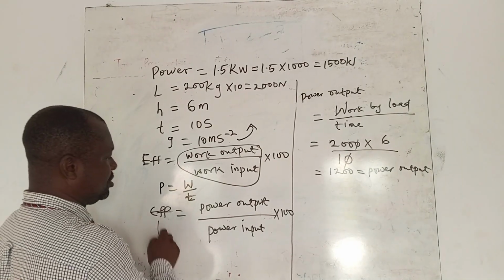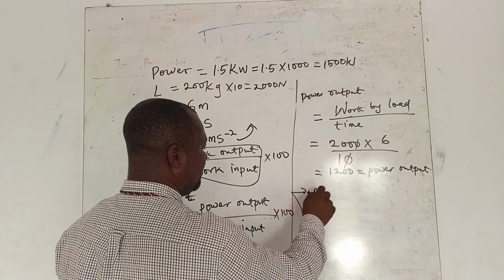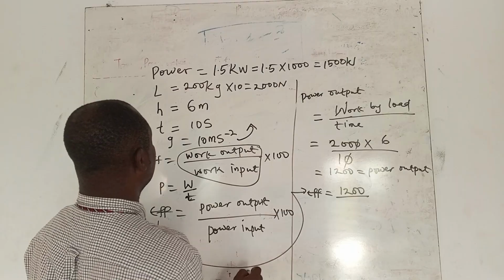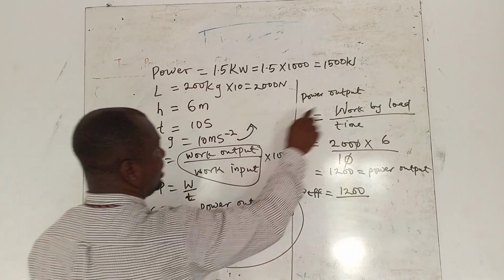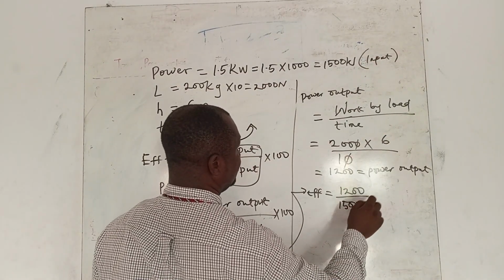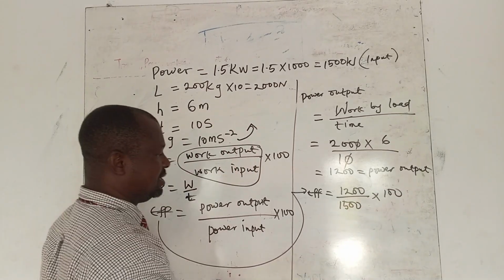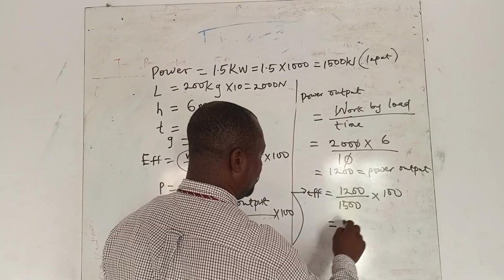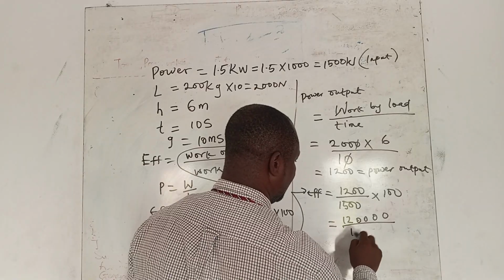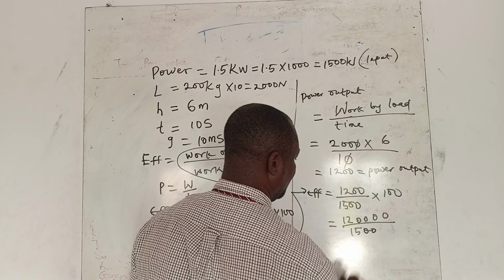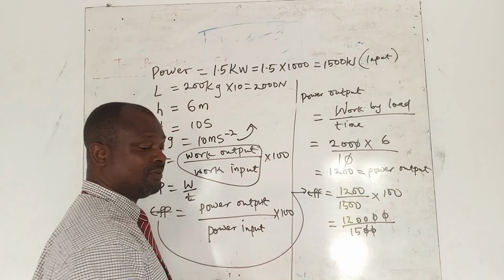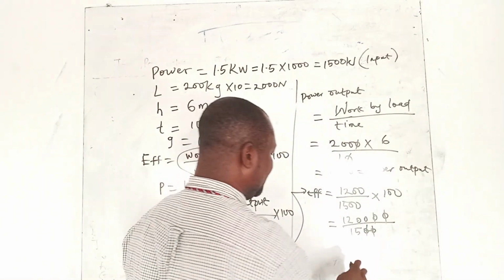So let's go back to our definition of efficiency. Efficiency is power output, that's 1,200, divided by the power input, that's the power of the pump, 1,500, times 100. Let's do our division. 1,200 divided by 15.